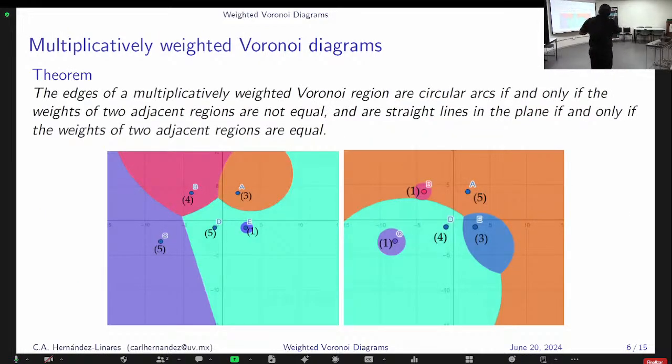The edges of multiplicatively weighted Voronoi regions are circular arcs if and only if the weights of two adjacent regions are not equal, and are straight lines in the plane if and only if the weights of two adjacent regions are equal. In this case, the weights are equal, and in this case, the weights are different.